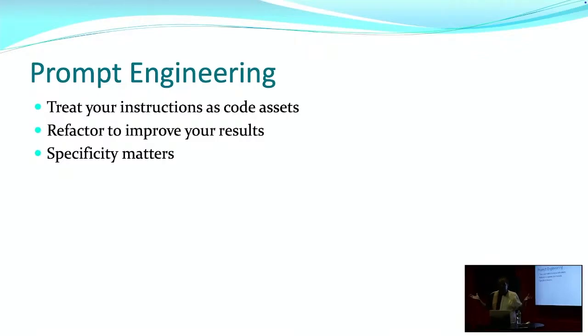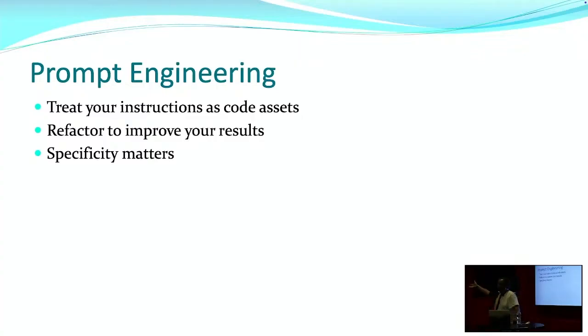Think of your instructions as code assets, because they are. They'll change over time. As you get more familiar and explore more of what's possible with AI, you'll get better at prompting, and those prompts should get closer and closer to what you need.